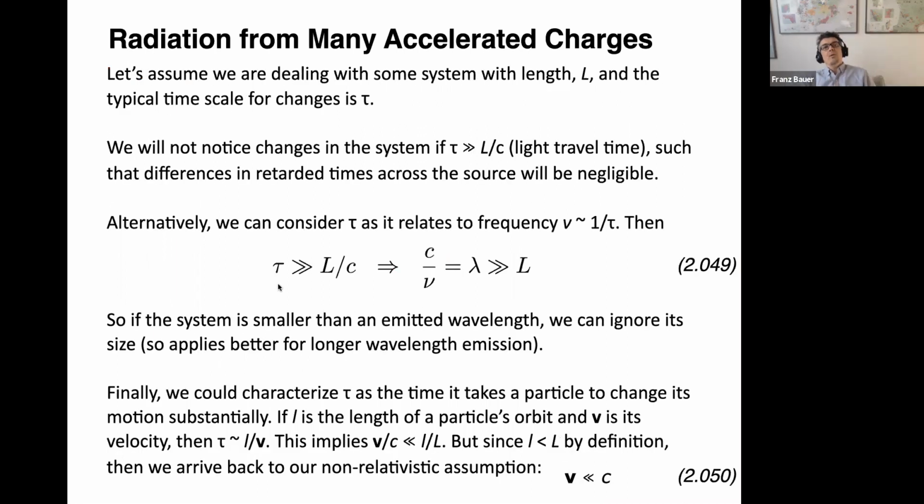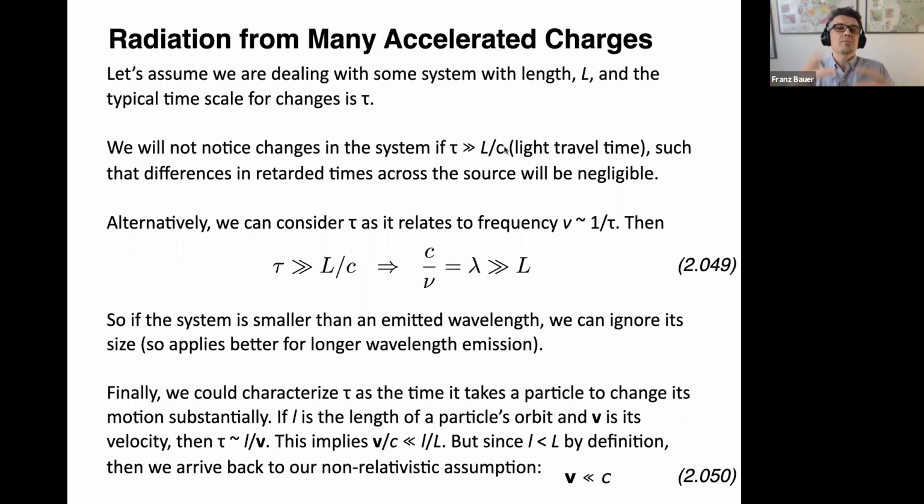Okay, so what sort of situations do we need? We have to deal with some system. It has a length scale L, and the typical time scale for changes of the system should be some time scale tau. We won't notice changes in the system if tau is much greater than the light crossing time of this system.